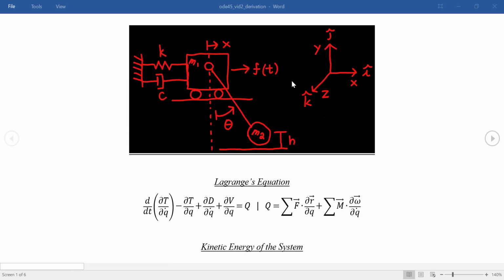But that's only one part of the story. If we were to instead hold mass 1 still and allow mass 2 to swing back and forth, we would see that we have some angular velocity going on here. That angular velocity would be theta dot, the time derivative of the angle theta. To get the linear velocity at some instant in time, we can use r omega, or in this case L, our radius, times theta dot, our angular velocity.